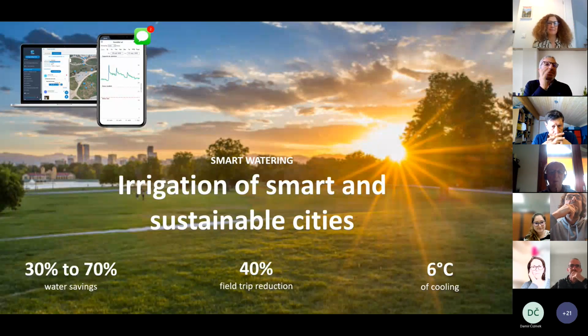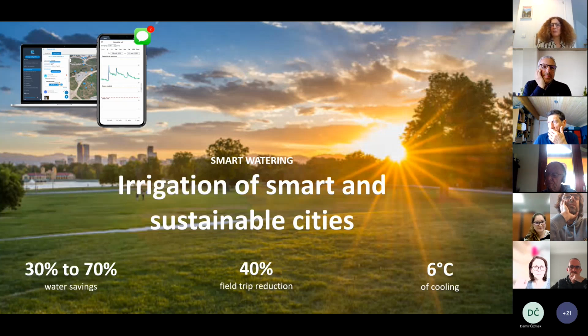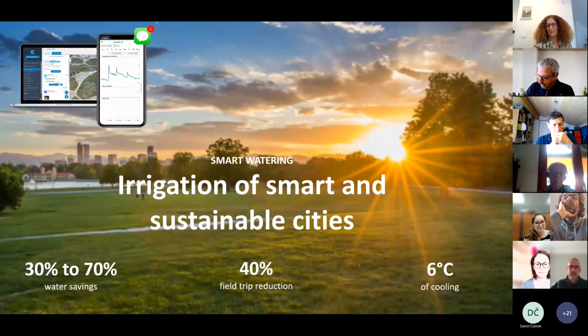So we are providing a smart watering solution for smart and sustainable cities with 3 major benefits: water savings from 30% to 70%, we also save field trips for the gardeners, and we also participate in the cooling, as Herbasense showed you.